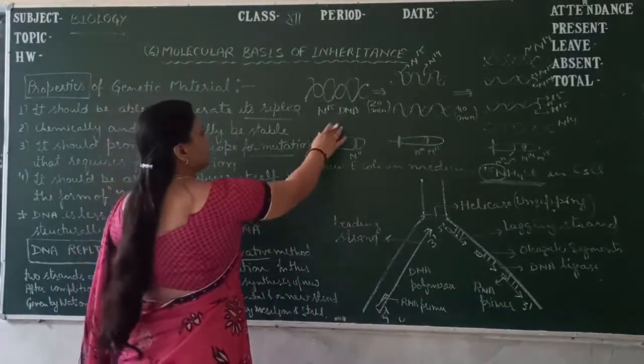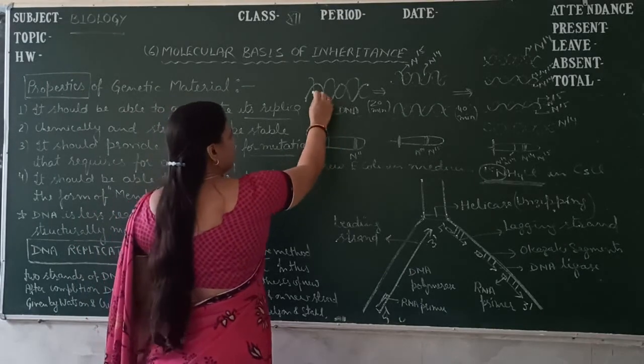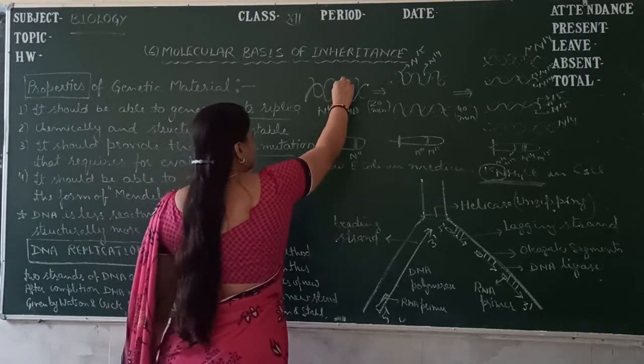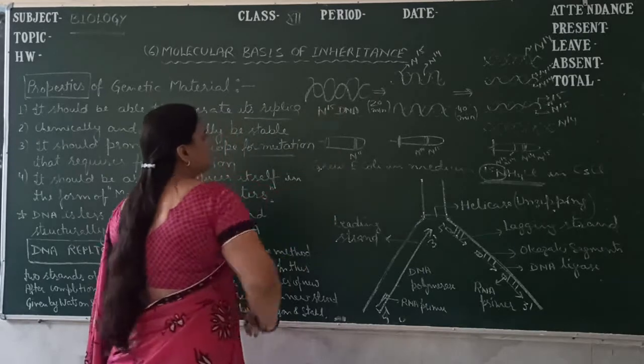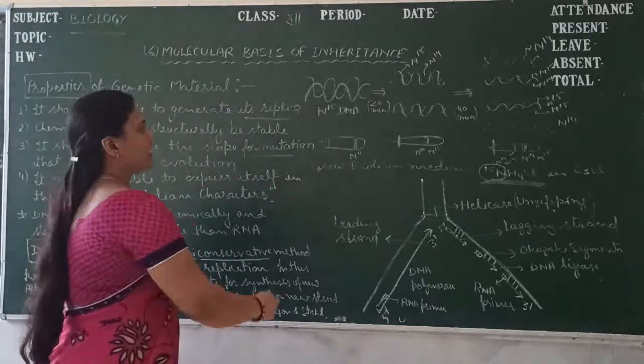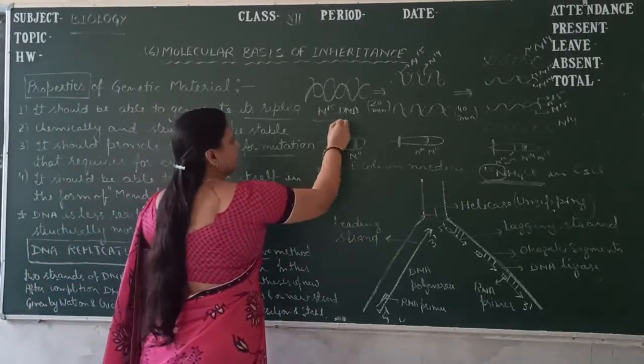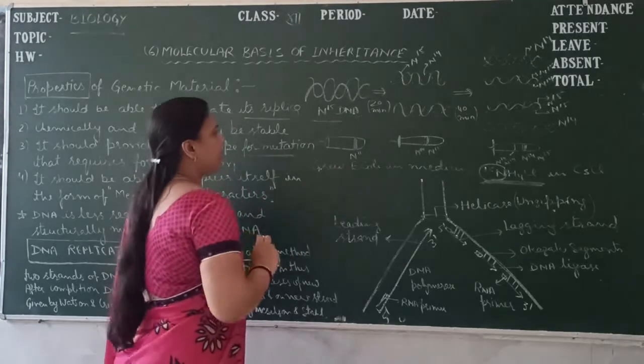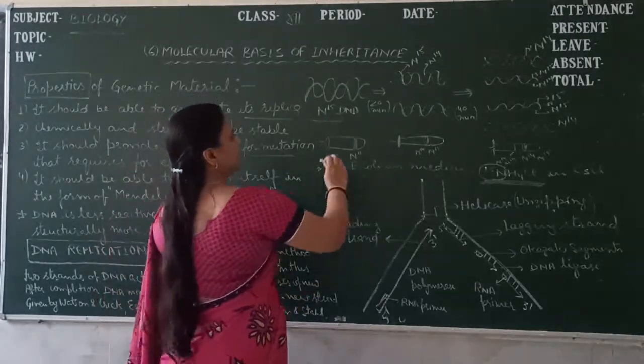In this culture medium, both strands of the DNA contain N15, the heavy nitrogen.